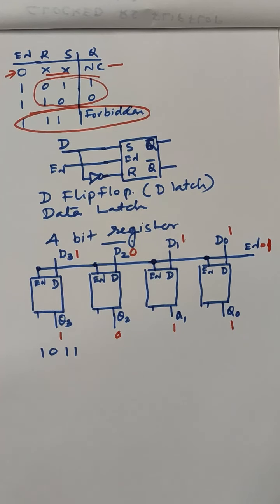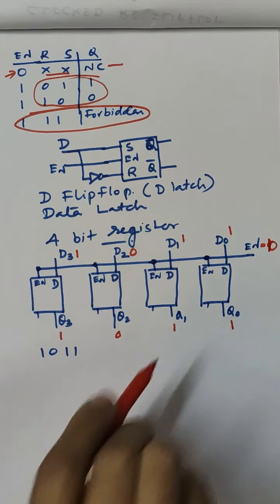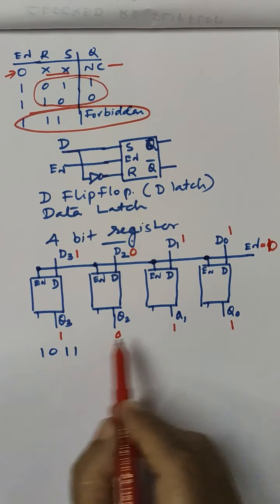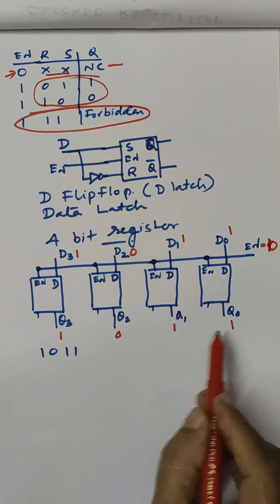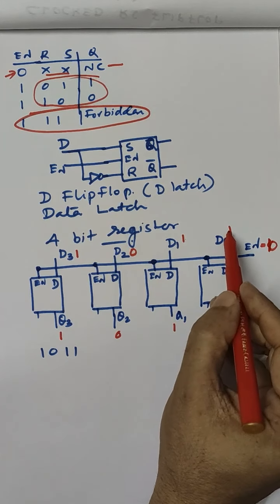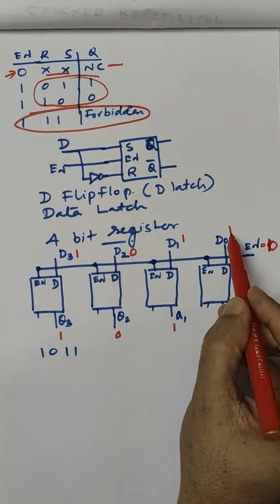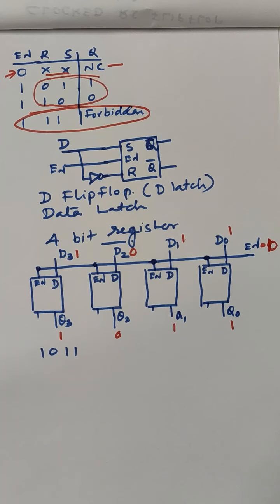Usually a circuit will take a finite amount of time, even though it is very small, for settling the system. After that time, you can change the enable to 0, so that this value will remain here without any change, even if you change these values.